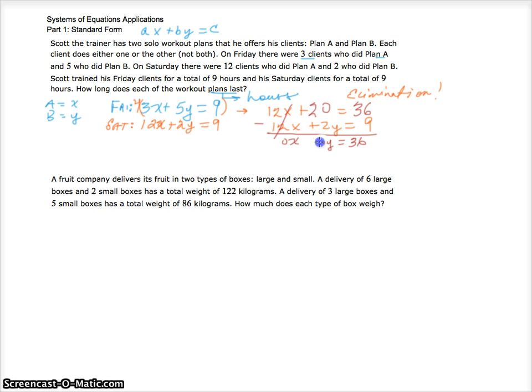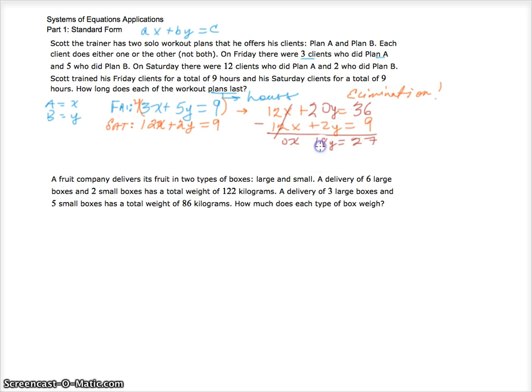That makes things work out a little more clearly. 20y minus 2y gives me 18y. And 36 minus 9 is 27.